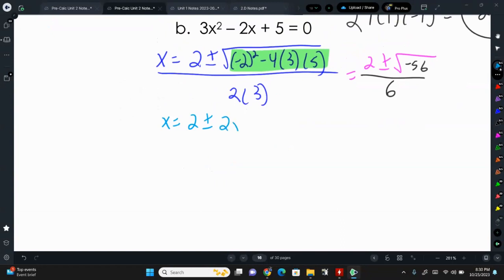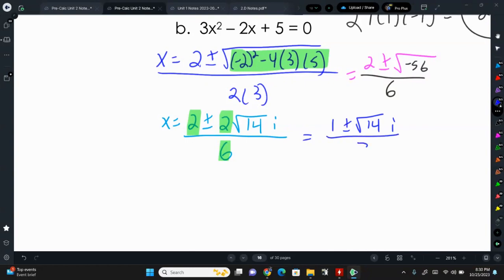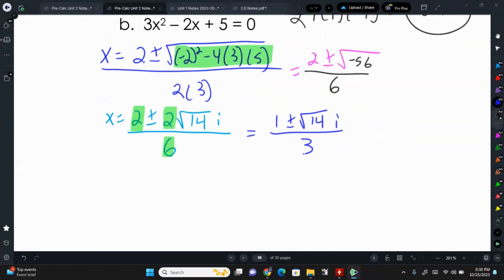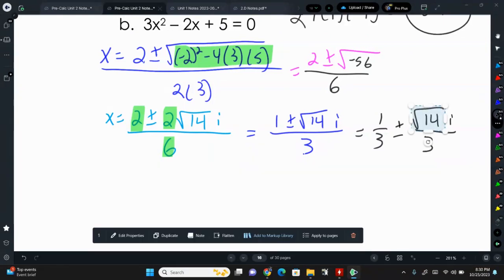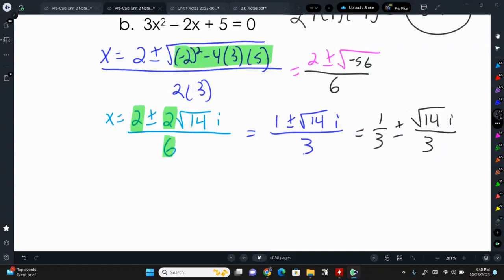The square root of 4 is 2, square root of 14, and then we have i, all over 6. And since we can reduce all of these by 2, this is going to be 1 plus or minus the square root of 14i over 3. And then finally, we have to write this separated out as 1/3 plus or minus the square root of 14i over 3. So this is stuff that we've talked about before.